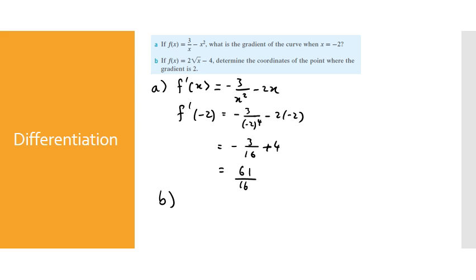Okay, B. If f of x is equal to 2 square root of x minus 4, determine the coordinates of a point where the gradient is 2. So, simply find the derivative again. Oh, 4 goes away.